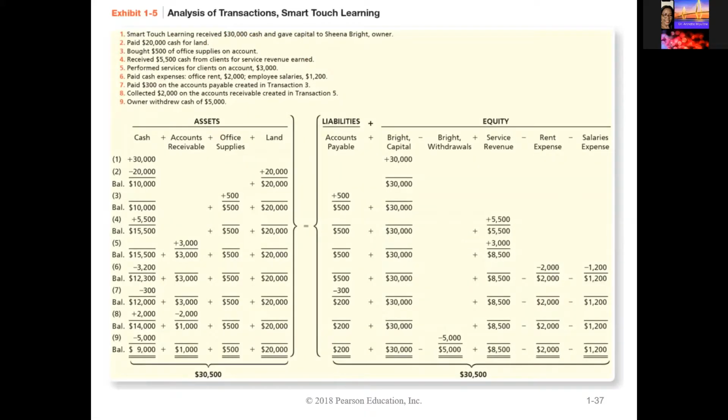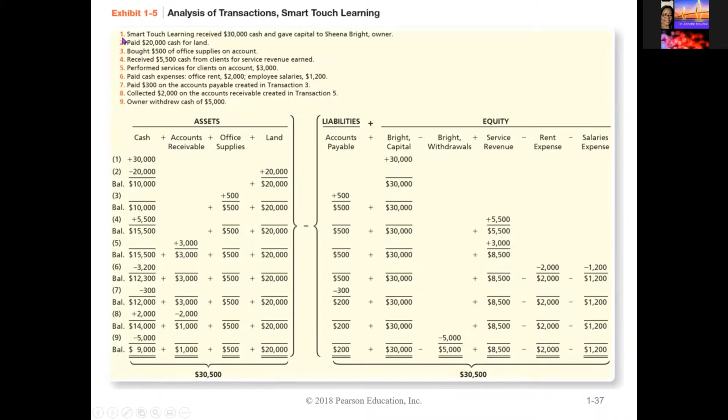Here in this exhibit 1.5, it shows the 9 accounting transactions that we discussed earlier, and it provides a summary for the ending account balances. So notice that assets is $30,500 equals liability plus equity, $30,500.